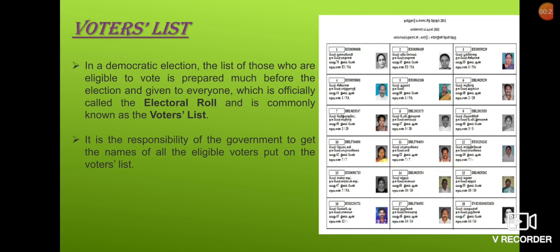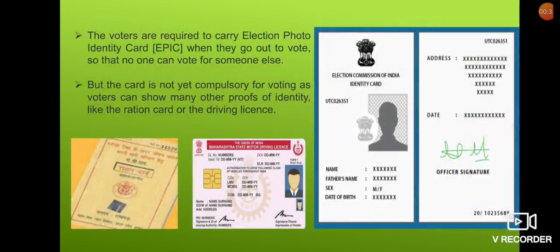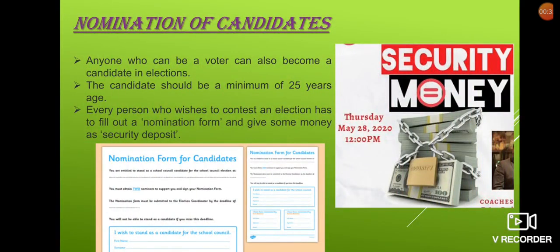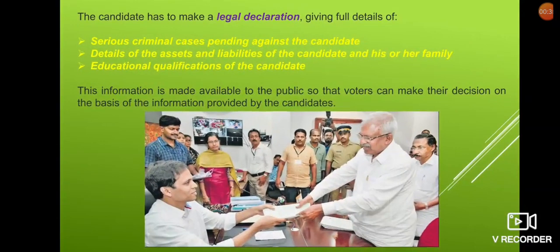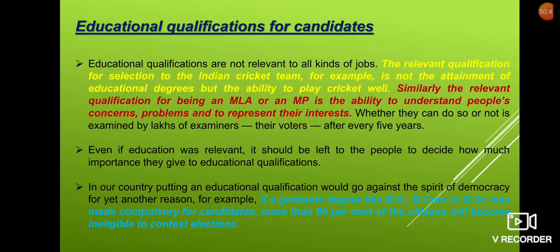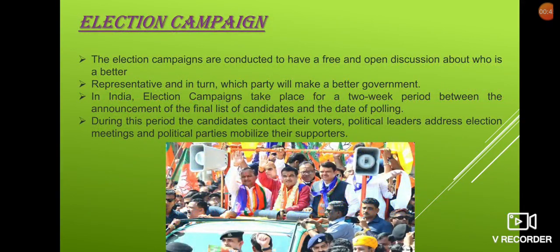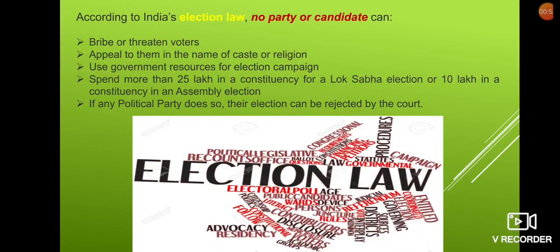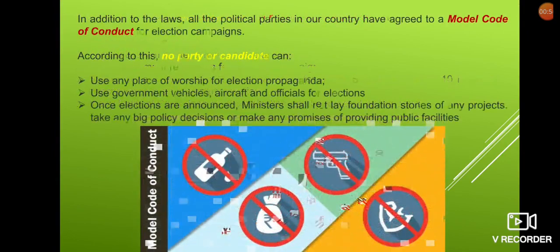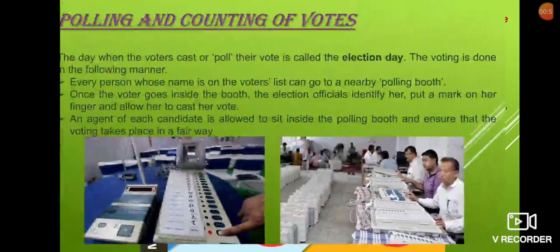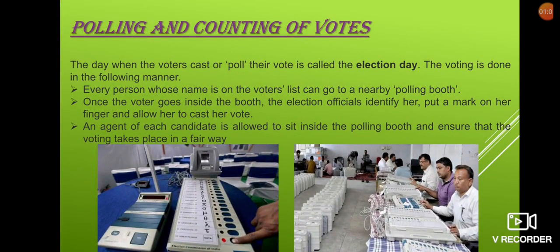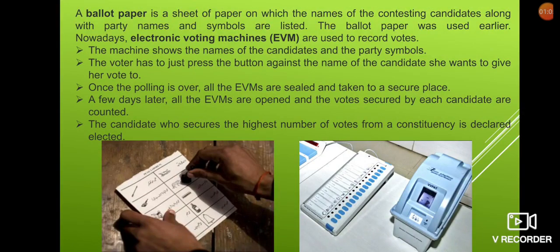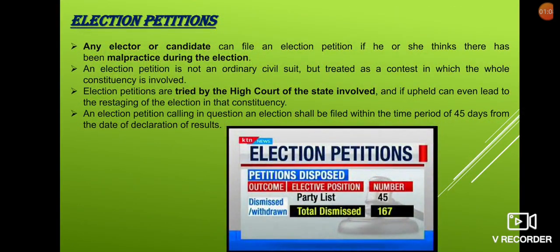Under the election procedure, we have various headings like voters list, nomination of candidates, election campaign, polling and counting of votes, election petitions.